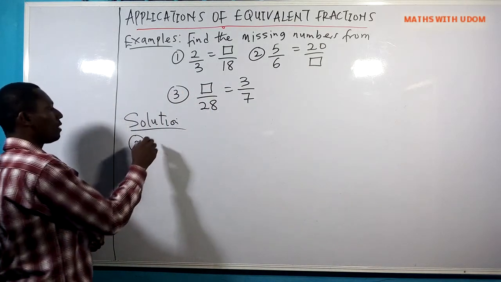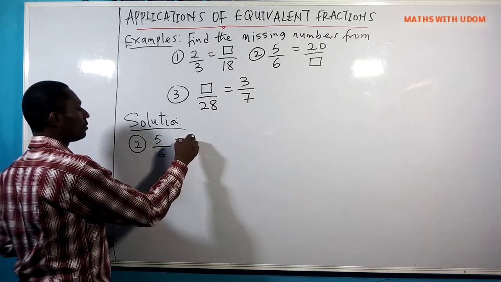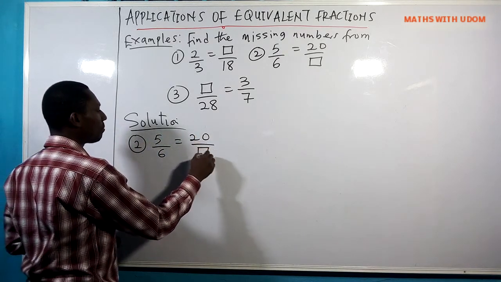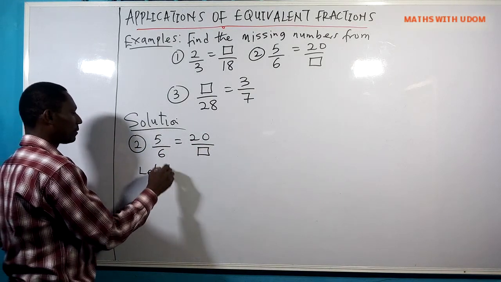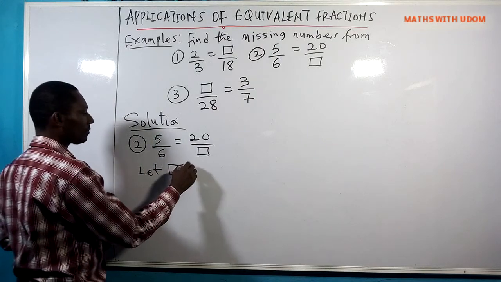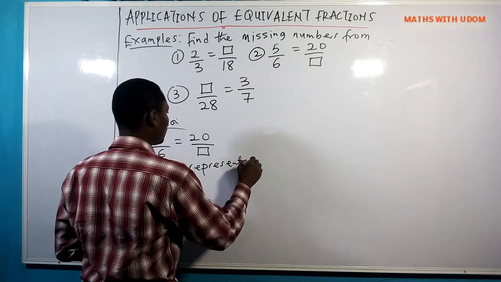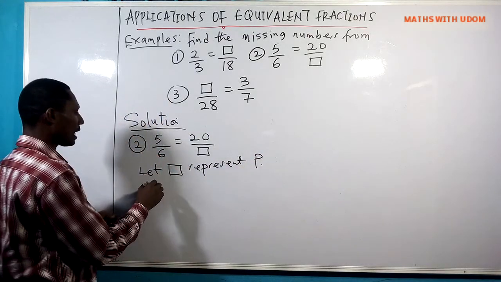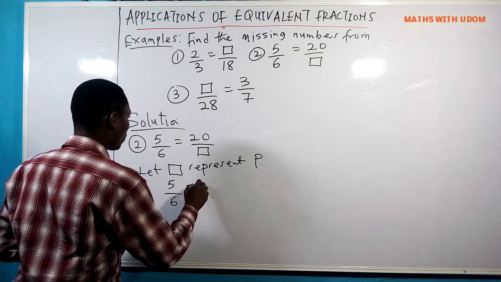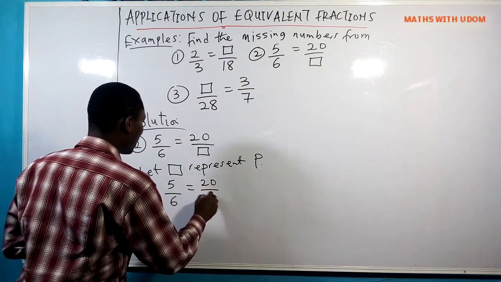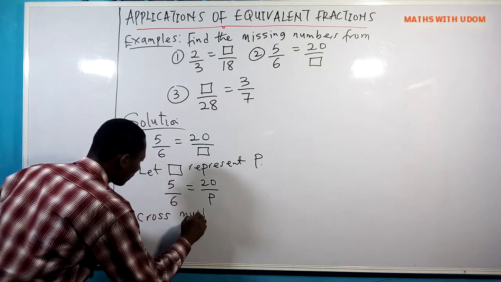Number 2, we have 5 divided by 6 equals 20 divided by box. So the first thing to do is let the box represent another alphabet, let's say P. That will give us 5 divided by 6 is equal to 20 divided by P. Then I will cross multiply.